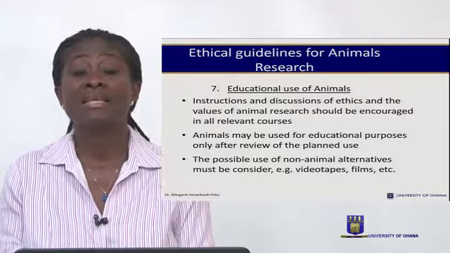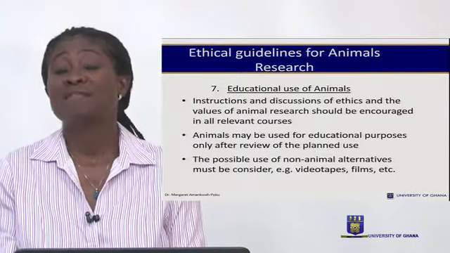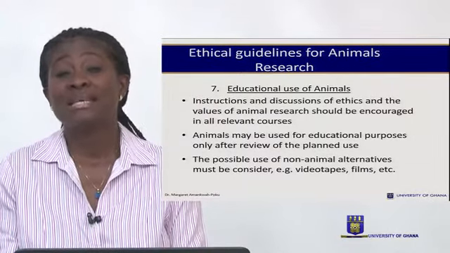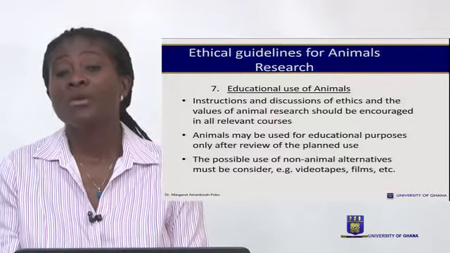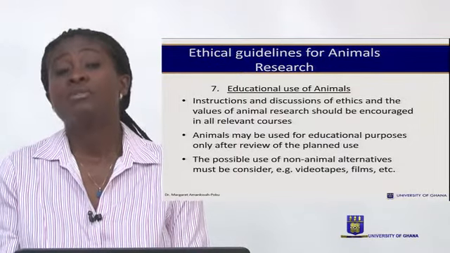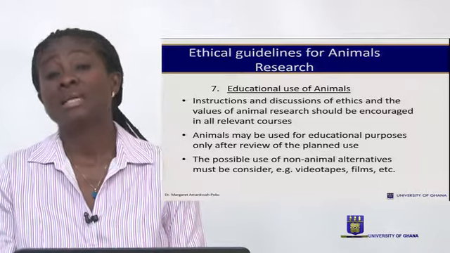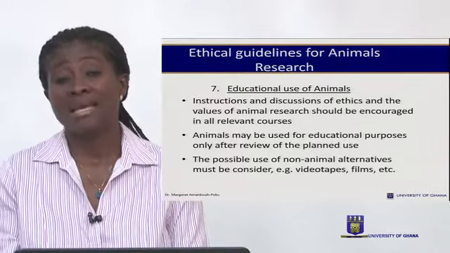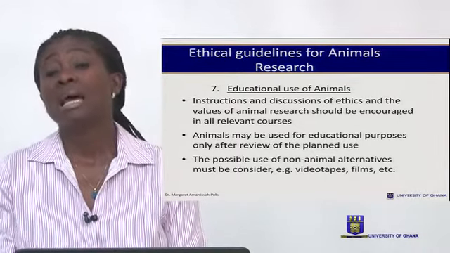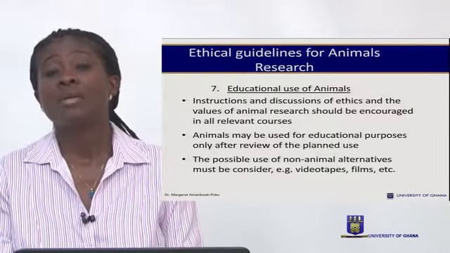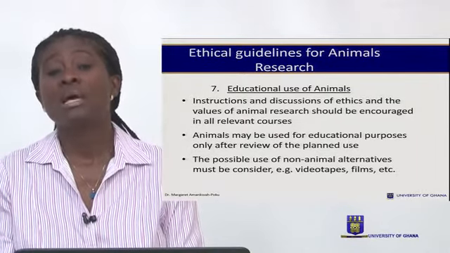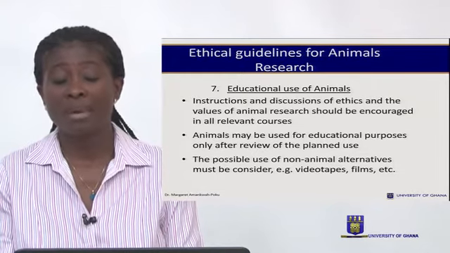This guideline says that where possible, if there's a video that is on dissecting this particular species, rather use the videotape to teach the students rather than going to get an animal to dissect, etc. So look for non-animal alternatives when you have to use animals for educational purposes.